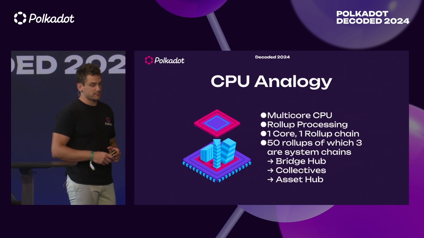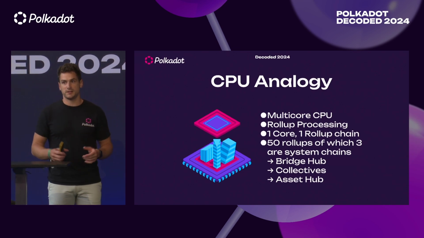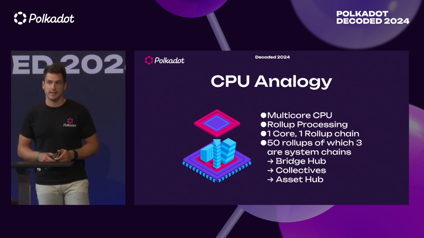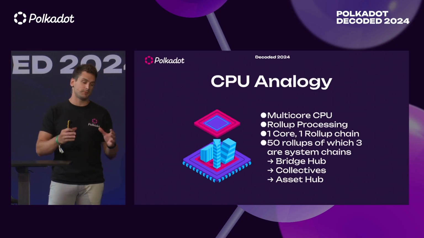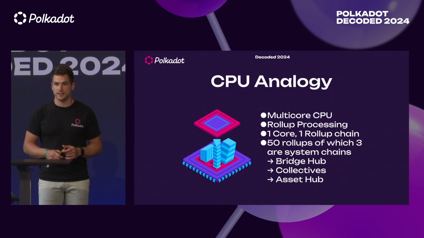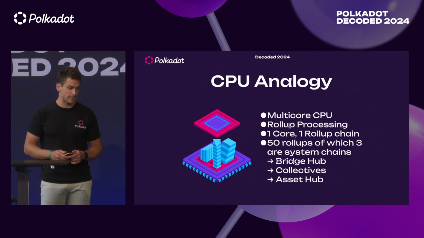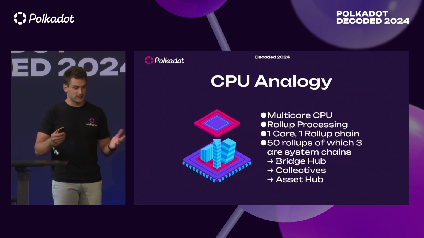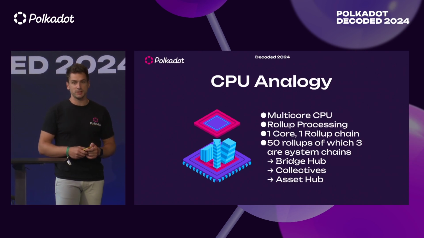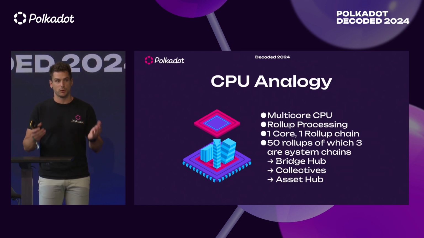Again, Polkadot is a multi-core CPU. We currently have 50 cores. You can imagine that within each core there are different validators that put their machines into the protocol in order to perform computation. What Polkadot does, essentially, is a rollup chain where we have different rollups, different layer 1s, different blockchains.